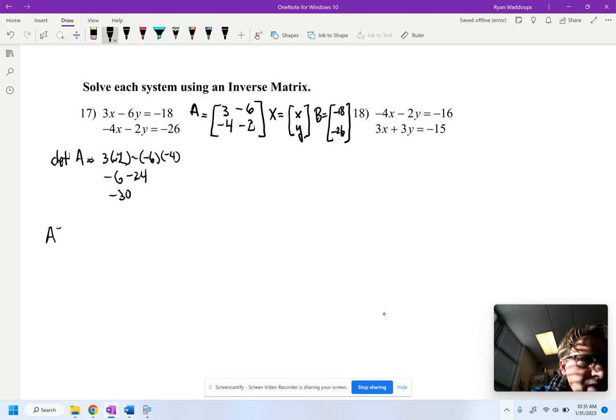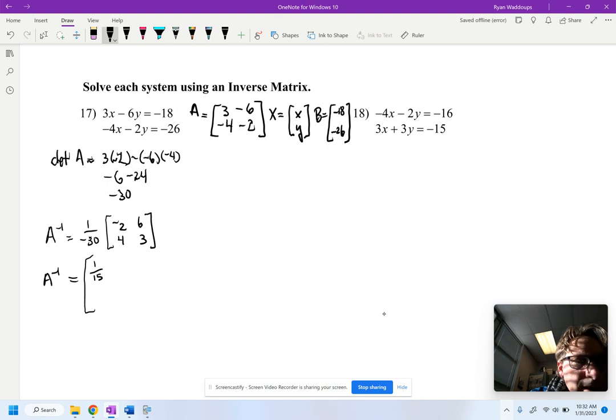So the inverse of A is 1 over -30 times, remember we need to switch the first and the last, so 3 and -2, that's -2 and 3. And -6 becomes +6, and -4 becomes +4. And so the A inverse is negative times negative positive 2/30 or 1/15.